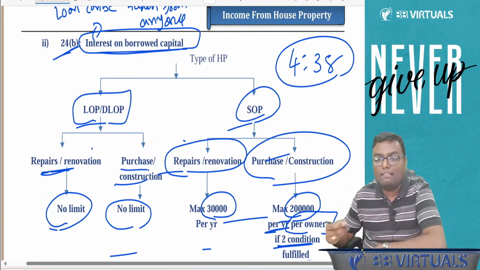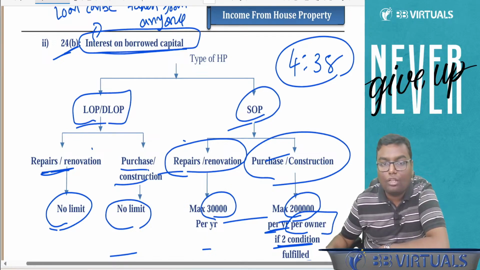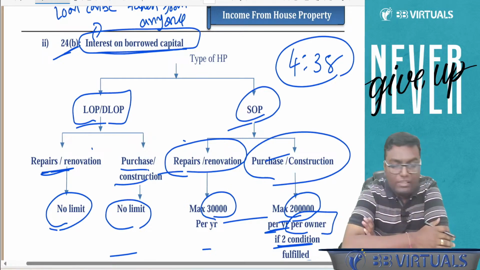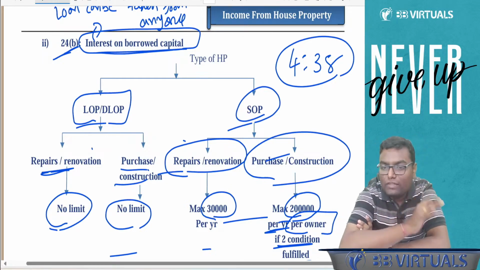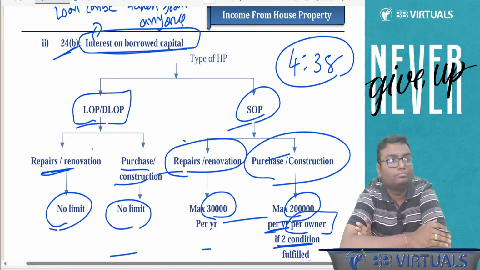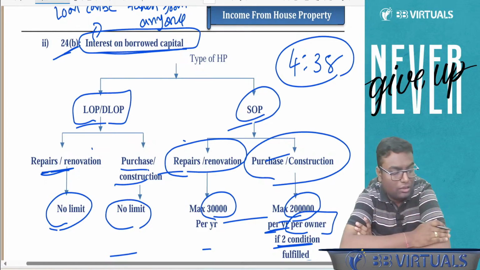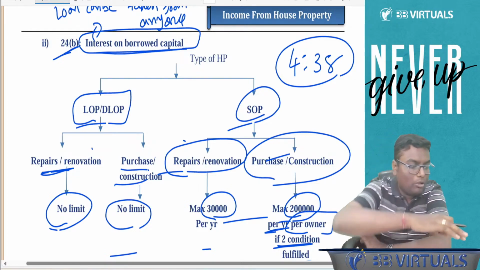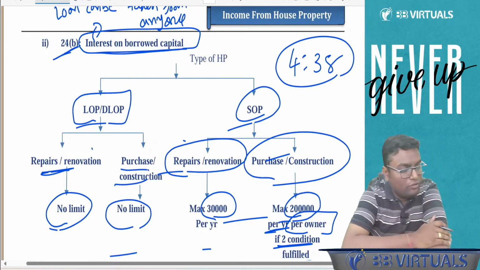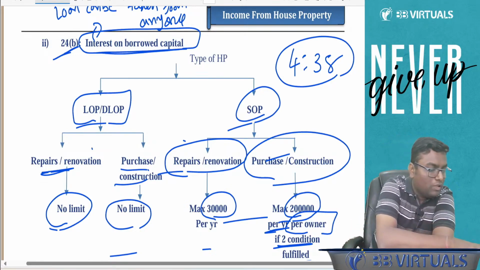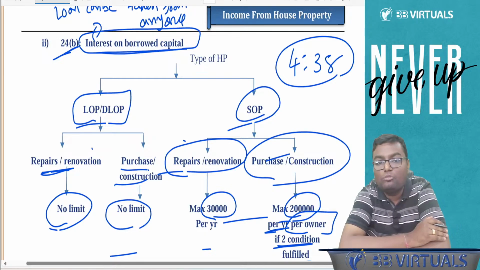Okay, friends, let us continue with the lecture. What we have understood up to now, so far as 24 clause B is concerned: if your property is a let out property or deemed let out property, you can claim deduction for any amount. If it is a self-occupied property and the loan is taken for repair or renovation, you can take deduction only up to rupees 30,000.